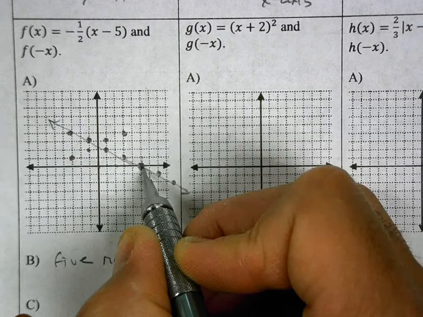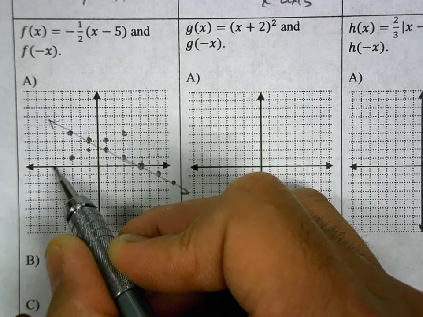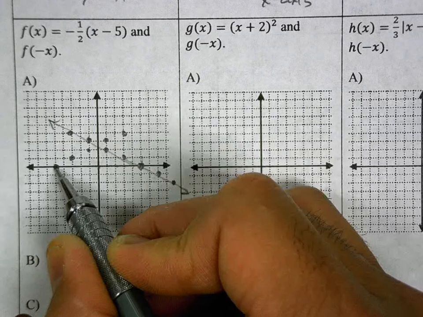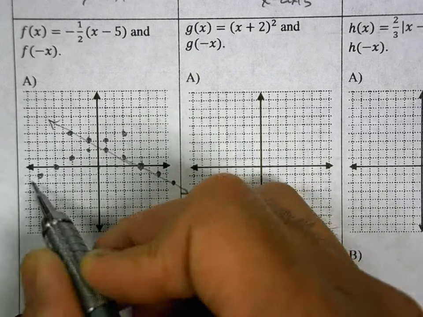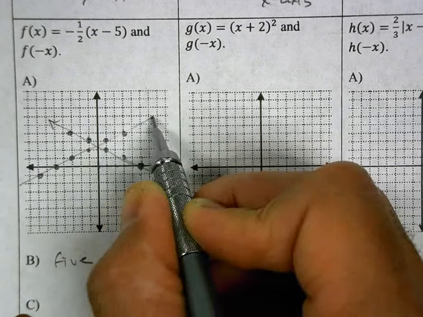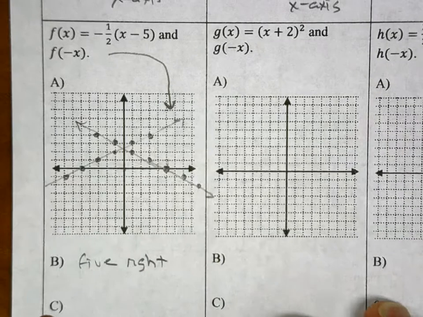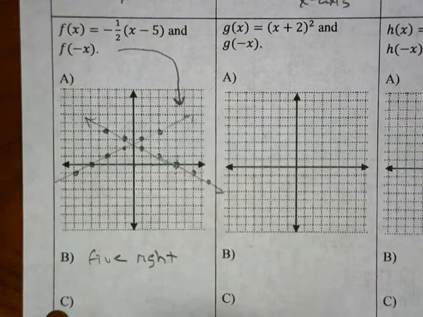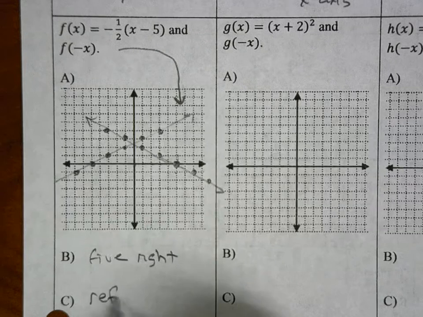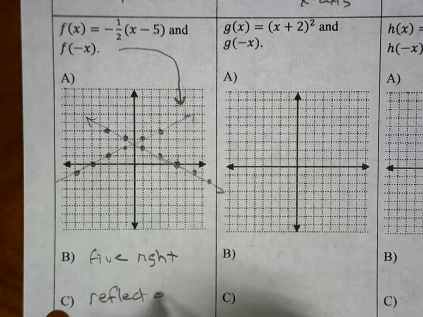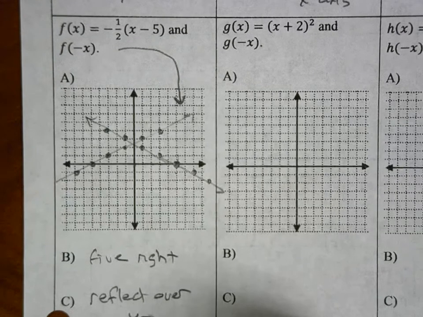If this is at, I don't know, 5, it should be at negative 5. There you go. Okay, and 7, so there's your reflection. So this right there, that's reflected over the y-axis. So that's what we write down for C, reflect over the y-axis.